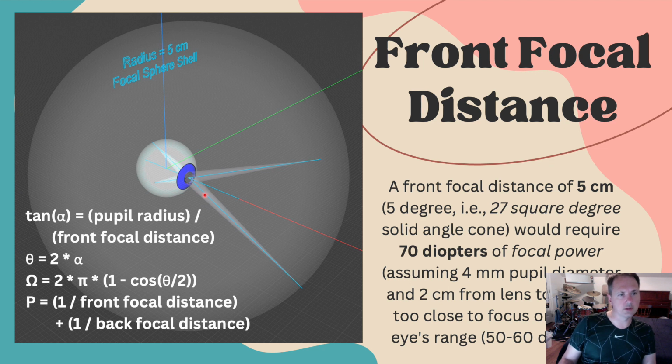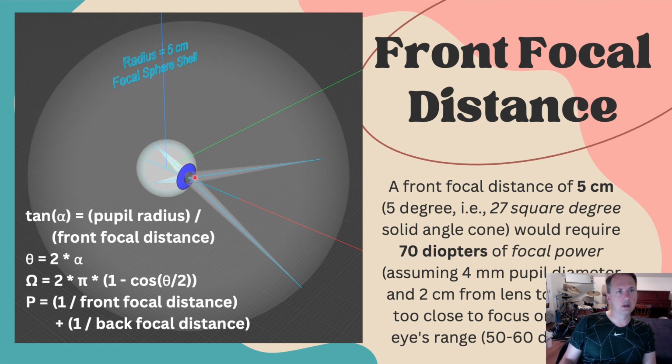So from this blue central ray to the edge of the cone is alpha, times 2 is the two-dimensional complete angle of the cone, and then omega is the three-dimensional solid angle subtended by the cone. And focal power is expressed as 1 over the front distance plus 1 over the back distance.